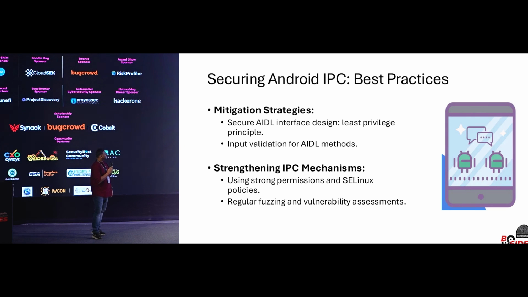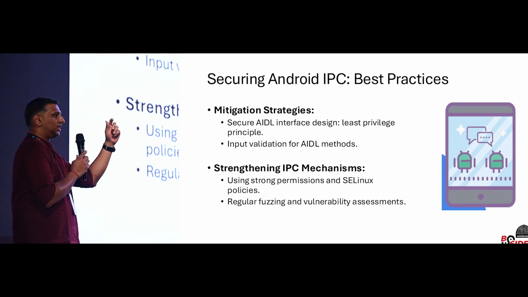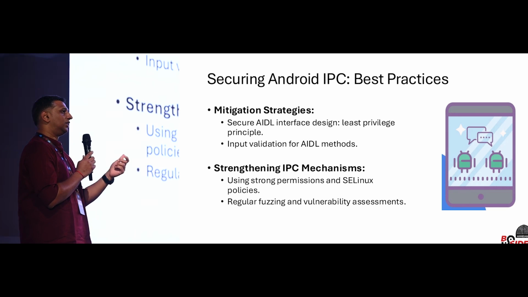So best practices, like I mentioned, since it is complex, is to have a structured approach, to have the least privilege principle, or these days we call it zero trust, right? And we have input validation. A lot of the test cases that you would have noticed are primarily data structures, right?